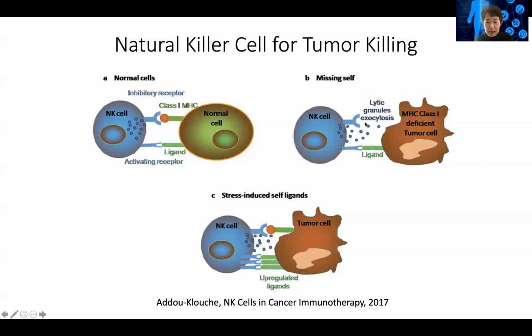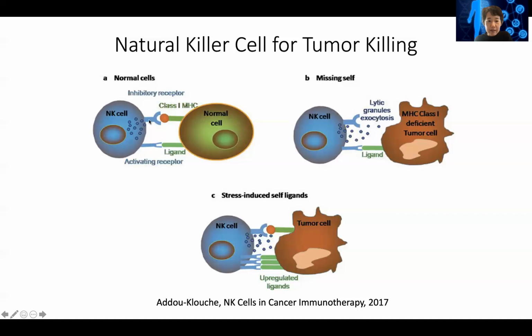So you can see here, when the cell is missing the class 1 presentation, the NK cell can kill. In addition, sometimes the cancer cell can have signals when it's under stress. When the cell is under stress, there are ligands that activate the NK cell. So MHC class 1 is a suppressor.